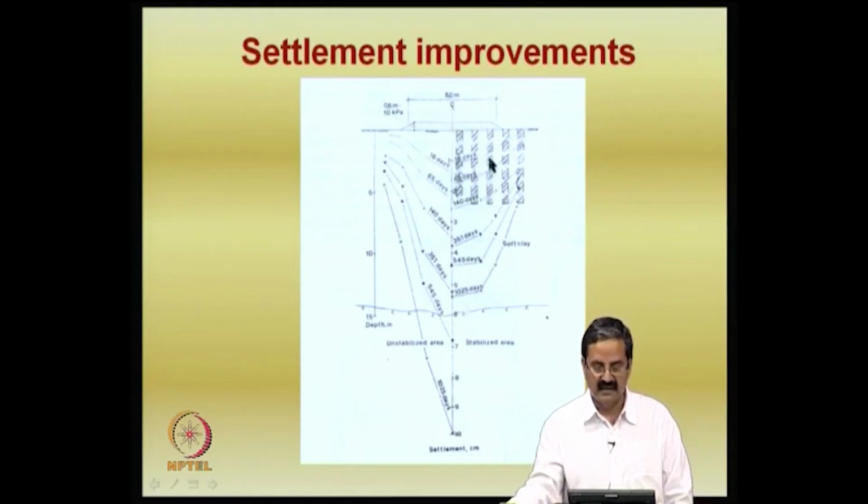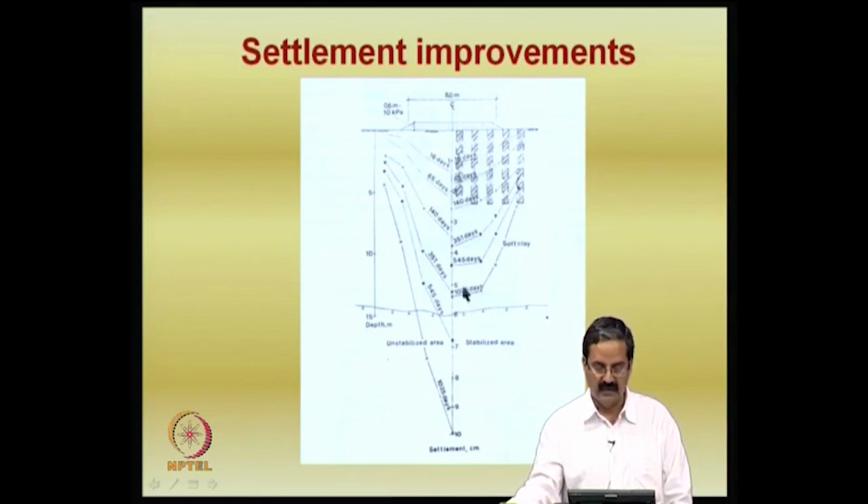You can see that in the case of a treated soft soil, beneath the foundation the settlement is maximum, maybe 5.5 here. This is 8 meters, the width of the embankment. So, about 5.5 here, then it comes down like this, okay. At the edges of course it is minimum.